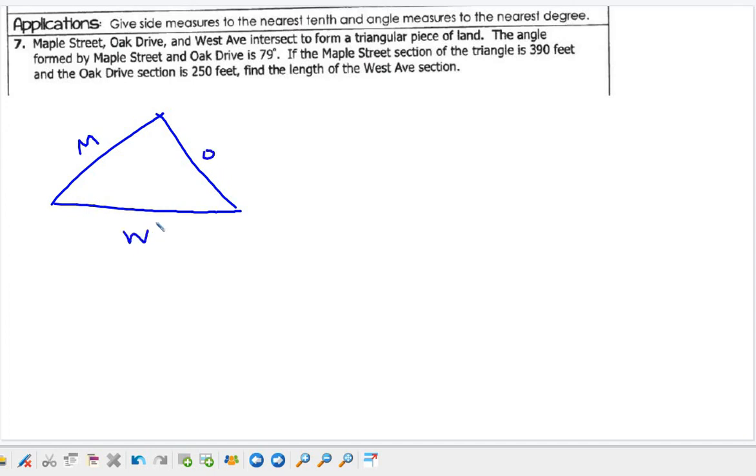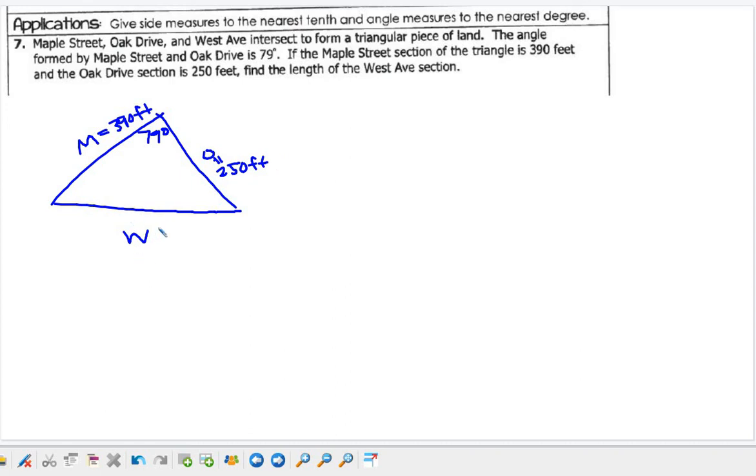Maybe that'll make a little bit better sense, because I'm afraid I'm going to confuse you. Okay, so the angle formed by Maple and Oak, which would be here, is 79 degrees. If Maple's street section is 390 feet, so Maple is equal to 390 feet, and Oak is 250 feet, find the length of West.